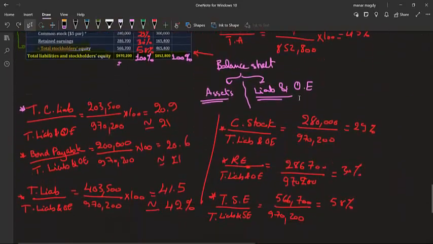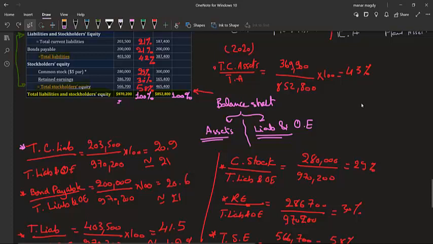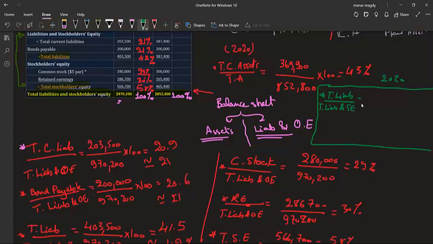For year 2020, the total liabilities with regards to the total liabilities and stockholders equity equals to this amount, 387,400 divided by the 852,800 times 100 equals to 45%.